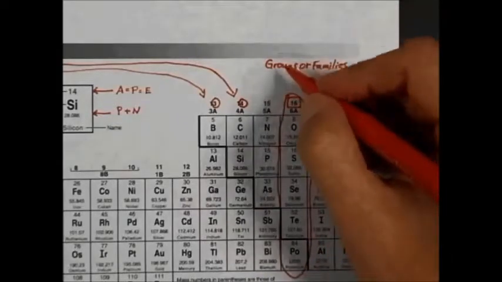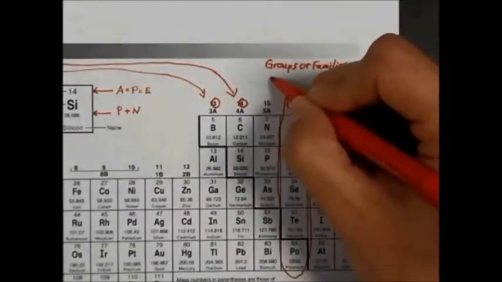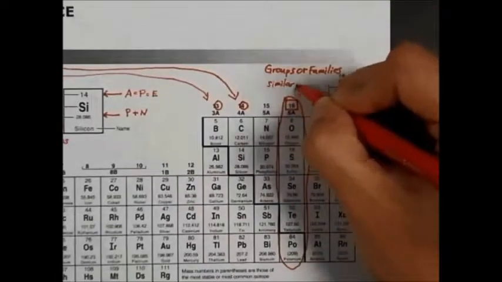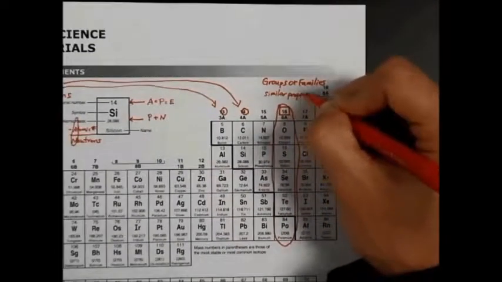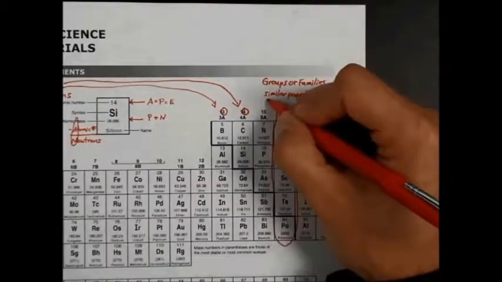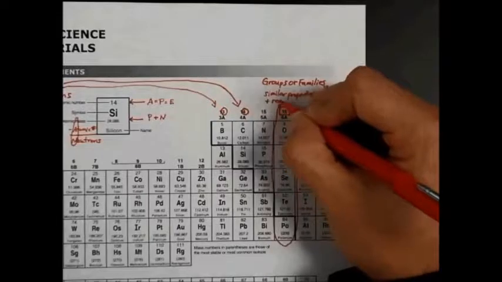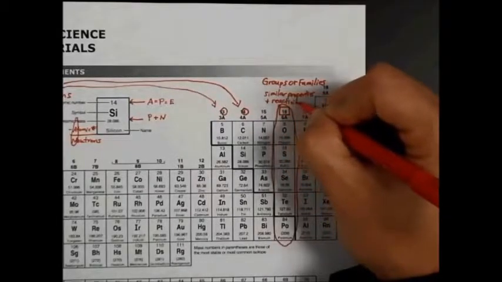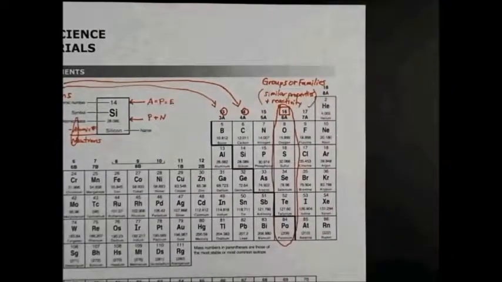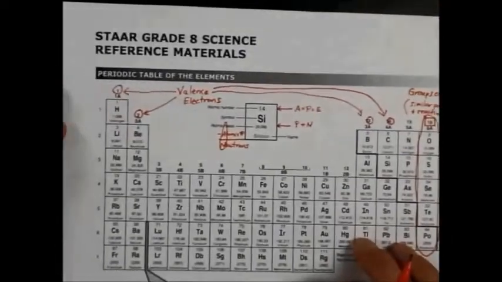All right, moving on, we're going to now go over to the rows, which are called periods on the periodic table. And make sure we have reactivity on there, because that's what that group number tells us in the valence electrons. And so now we're going to move over to the periods, and these are the rows.